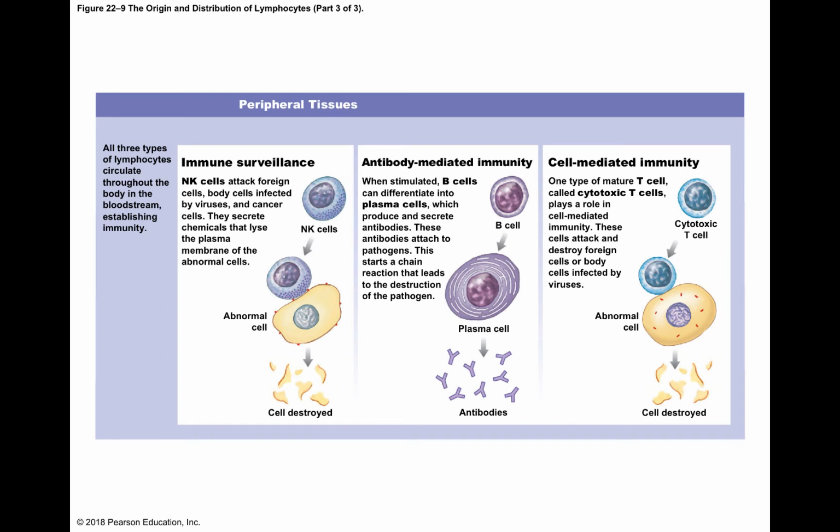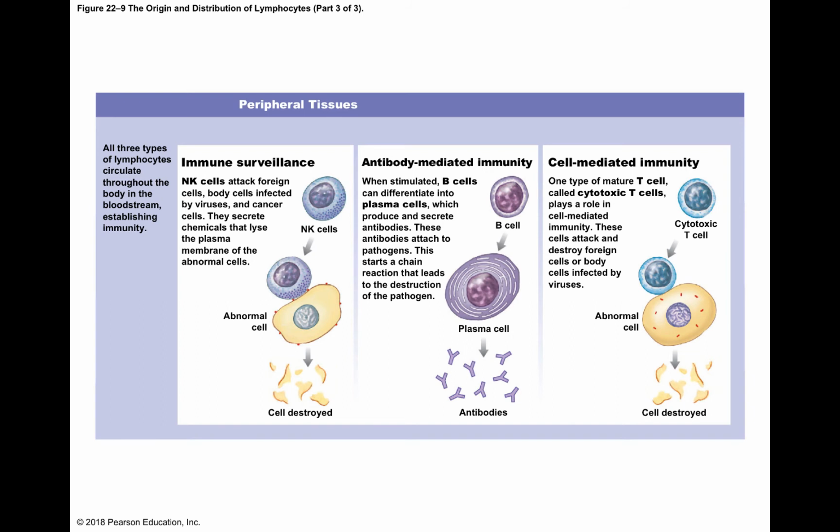It's going to shoot out those chemical bullets, those perforins, at any of the cells infected with the same pathogen that activated it. So if it was activated by Staph aureus, and this cell is infected with Staph aureus, then that cytotoxic T cell will shoot bullets at it, poke holes in it, and make it burst. So that's one of the T cells: the cytotoxic T cell.